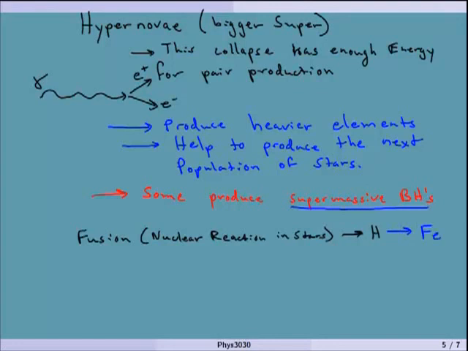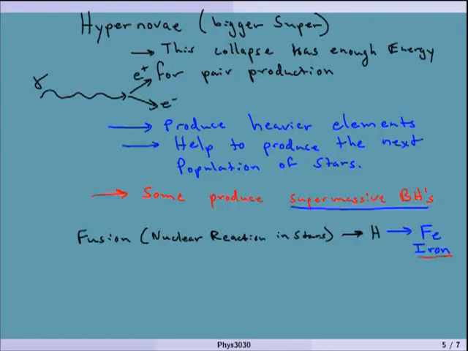The symbol for iron is Fe. And this has to do with some quantum mechanics, something called binding energy, but that's all you really need to know. It's because of quantum mechanics, the only way that I can get energy out of these reactions is by going all the way to iron.